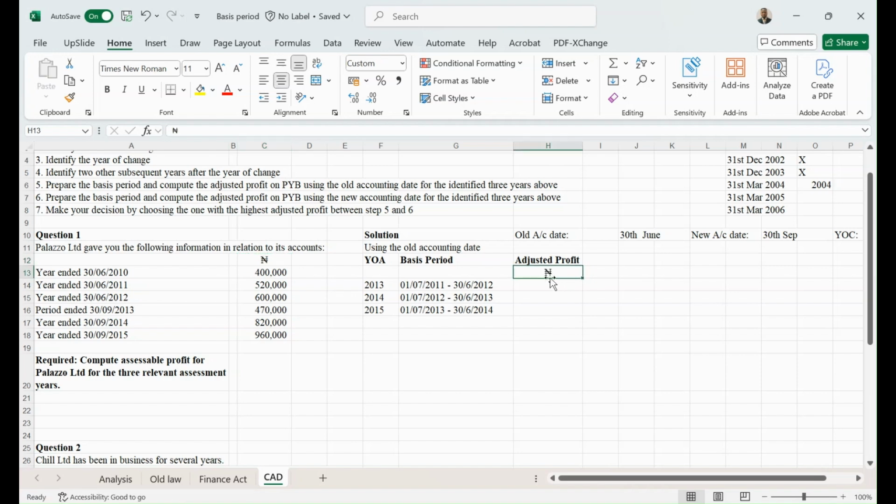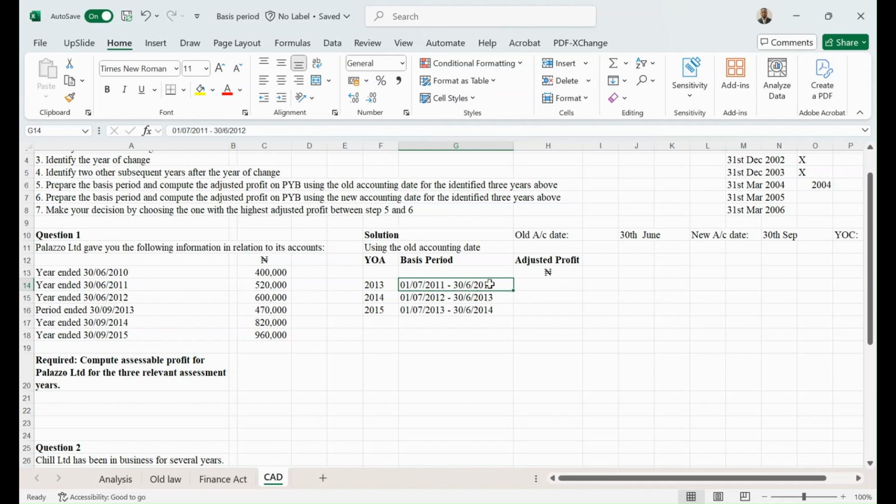Let's solve for the adjusted profits. The adjusted profit for the 2013 year of assessment: we look for the basis period, or where we can find these dates in our question. So we have 1st July 2011 ending 30th June 2012, that is a year ended.